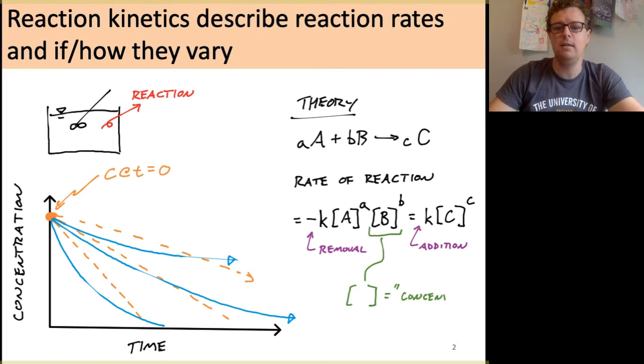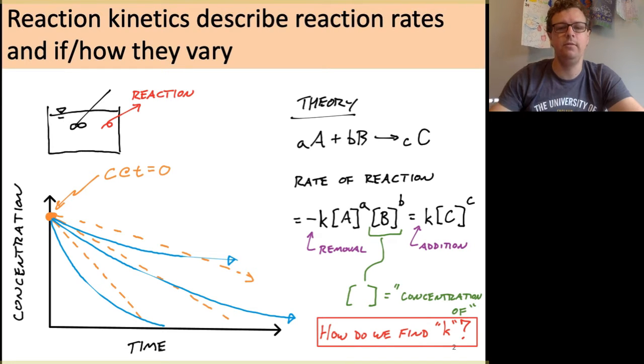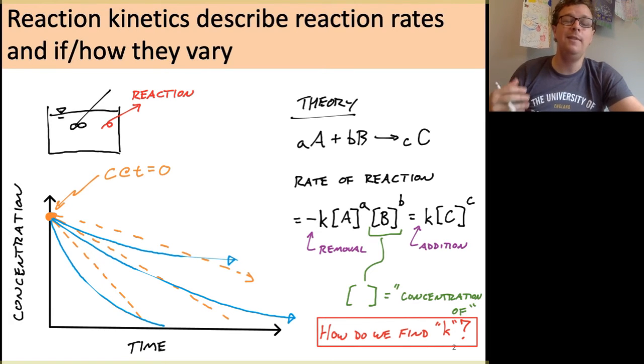The brackets here, you'll remember, denote concentration of something. And what we're really after today is this k. The k, lowercase k, has units of per time. That's a descriptor of how fast this reaction proceeds, and that's what we're going to need to know to describe the systems that we're designing.